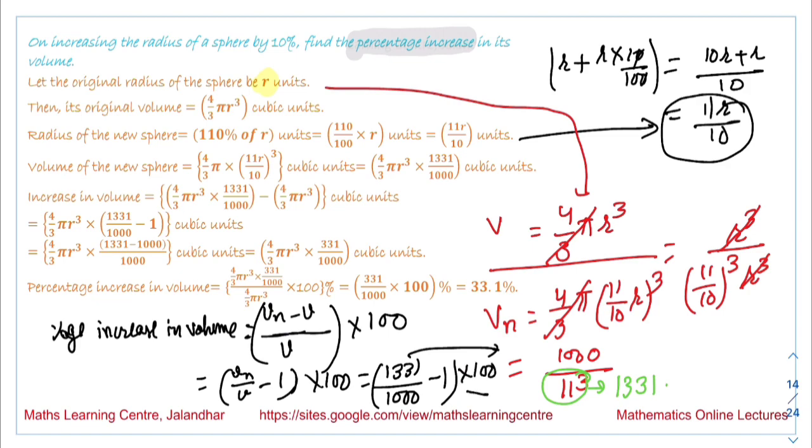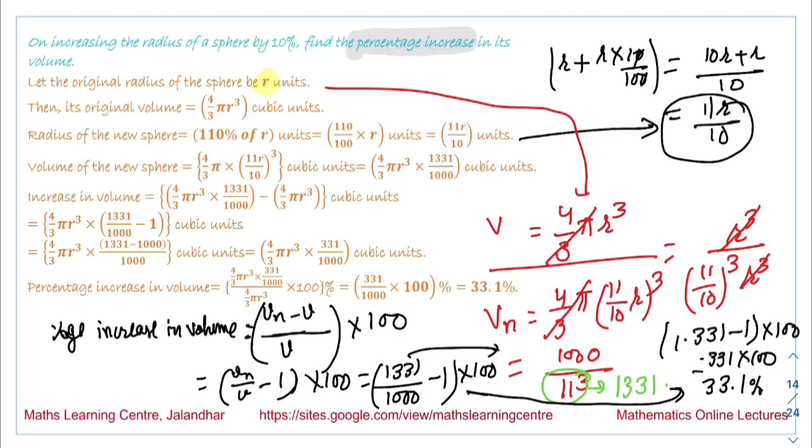So when we solve this value, it is 1.331 minus 1 into 100. So it is 0.331 into 100, that is equal to 33.1%.